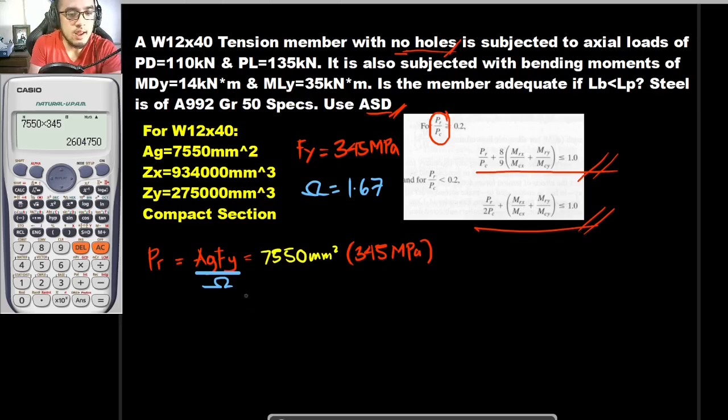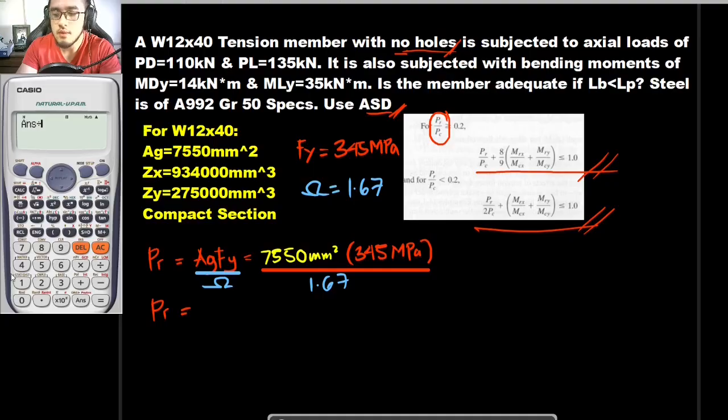So considering that, since our omega is to be 1.67, from that, the value of our PR is now equal to 7,550 times 345 divided by 1.67, and our PR right now is 1559730.539 newtons.